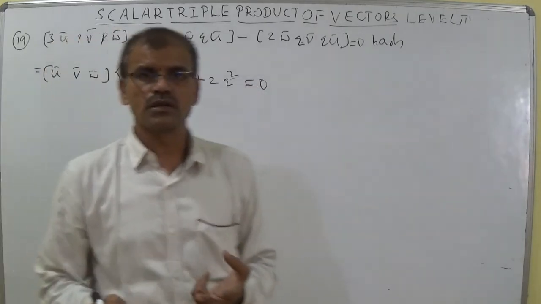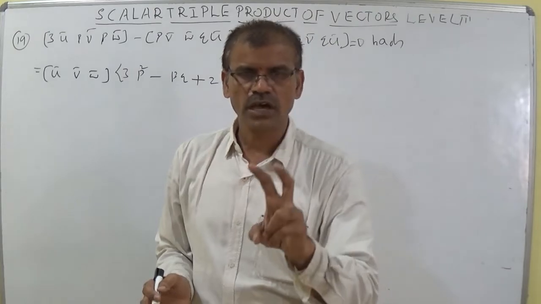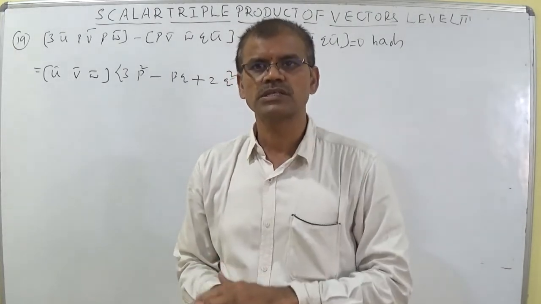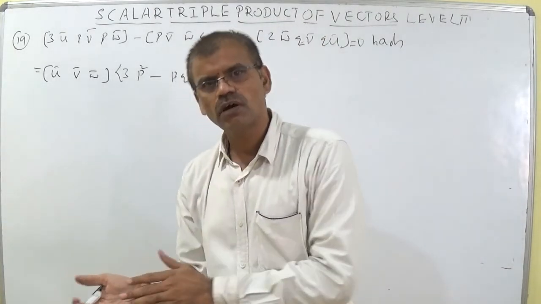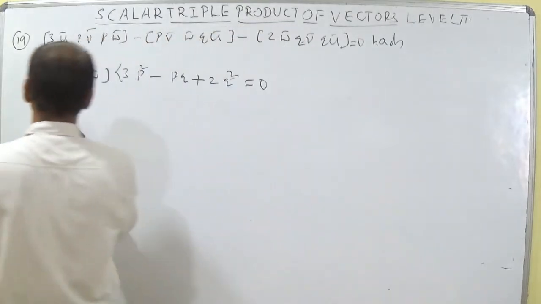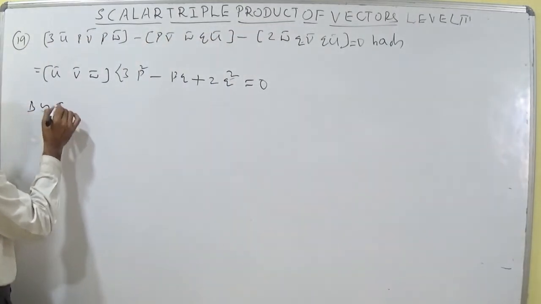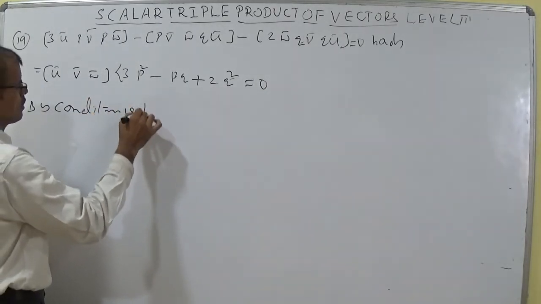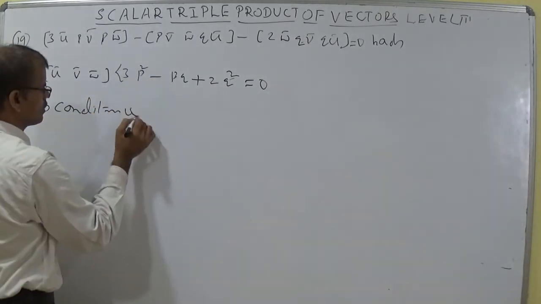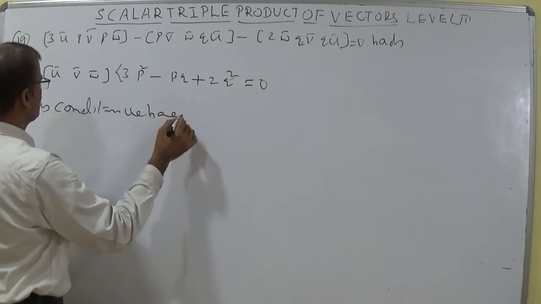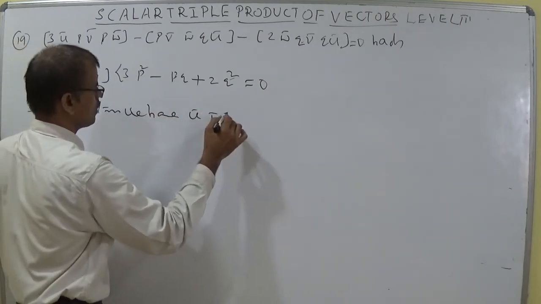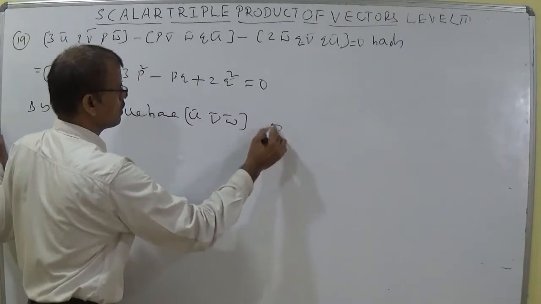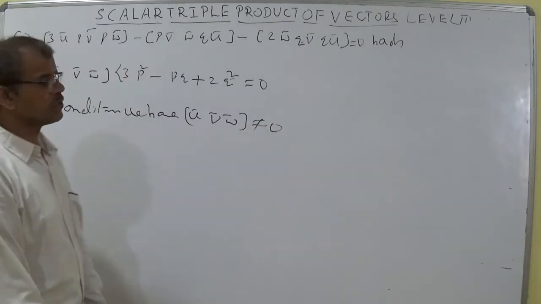We know that if the product of 2 vectors or 2 numbers is 0, either the first one is 0 or the second one is 0. He has given that UVW are non-coplanar vectors. By condition we have box UVW not equal to 0.